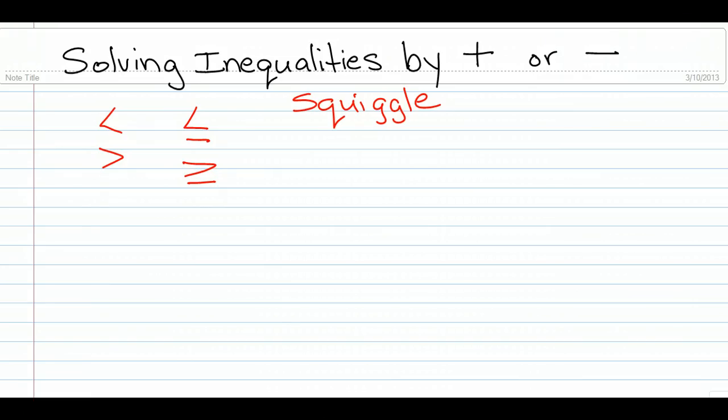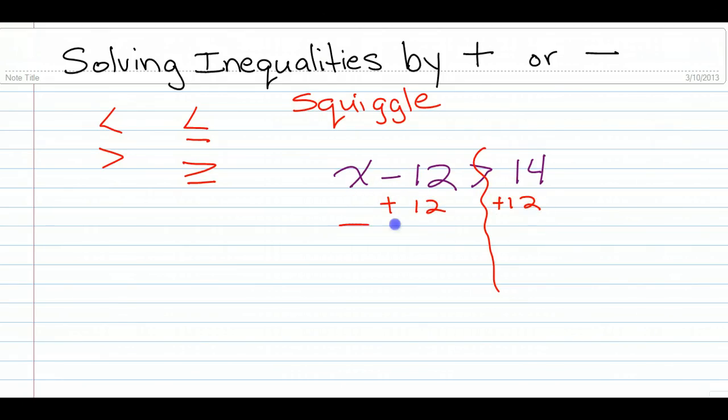So, for example, let's get a squiggle problem here. X minus 12 is less than 14. Squiggle, squiggle, squiggle. We do the opposite, which is to add 12 to both sides.